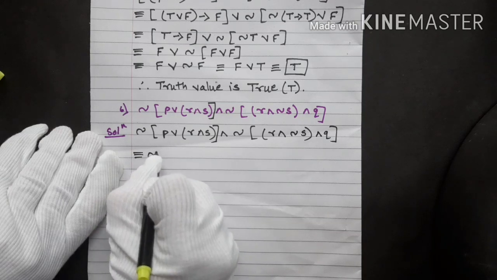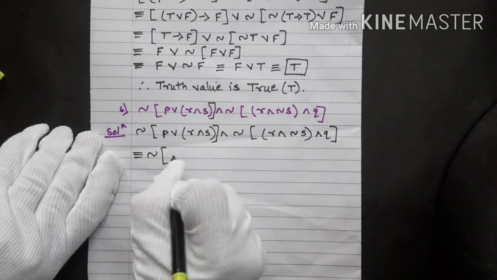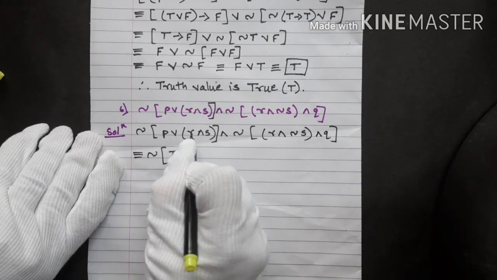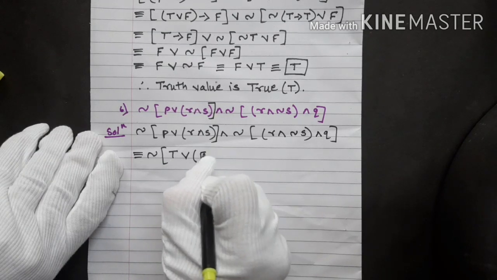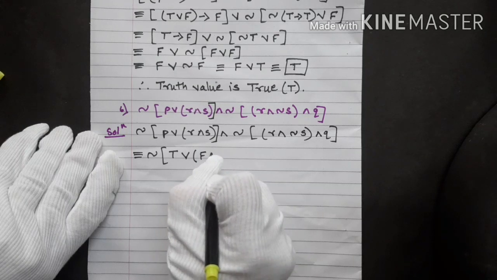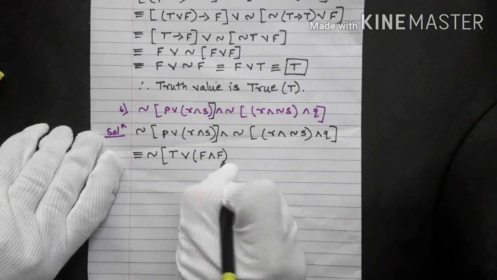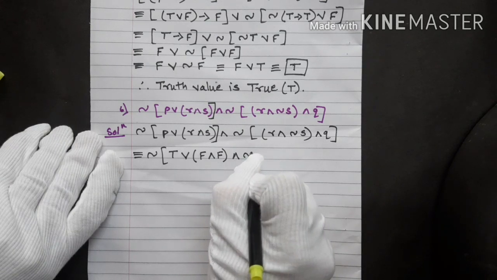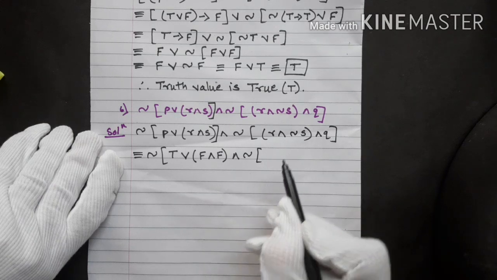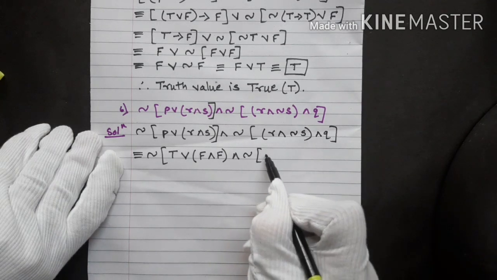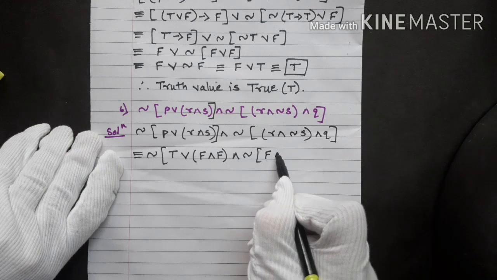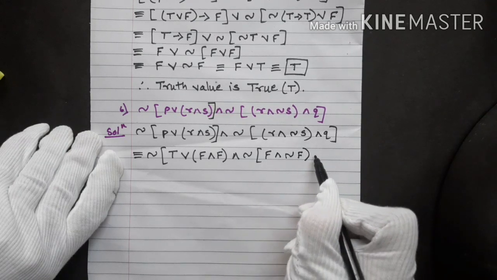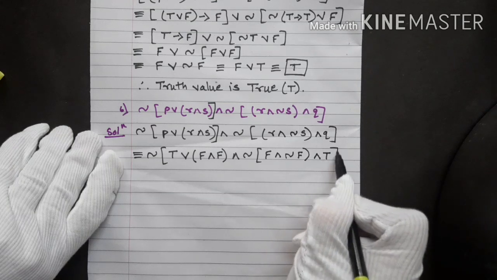So this is, now we'll substitute the truth values. P is true, or R and S are false. So F and F. Correct? And negation R and S false. So false and negation false and true.